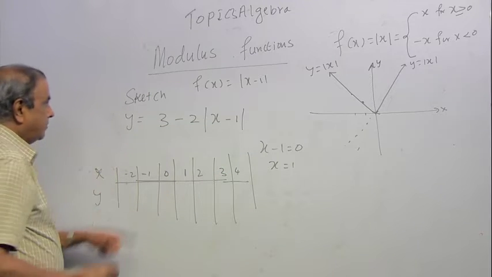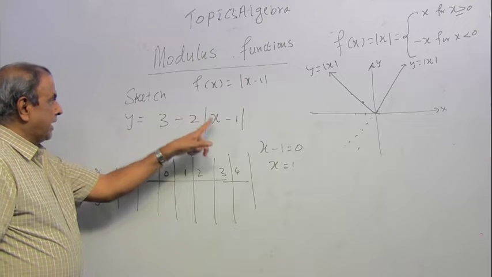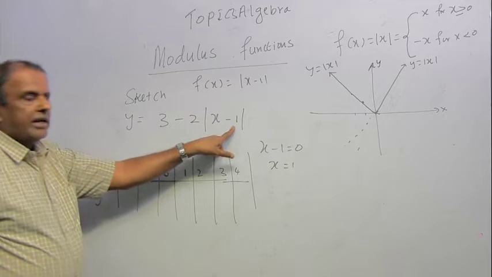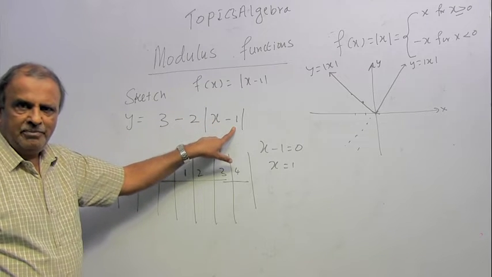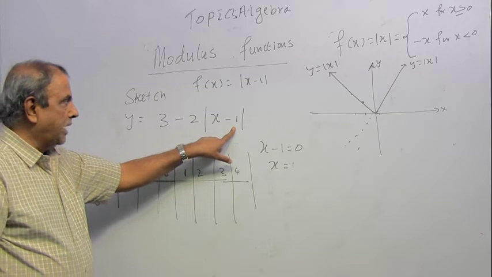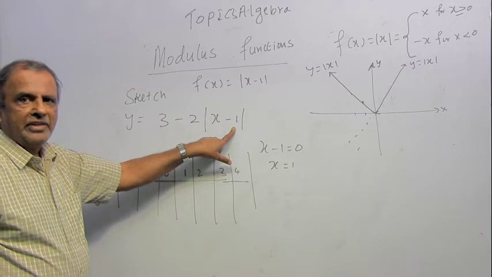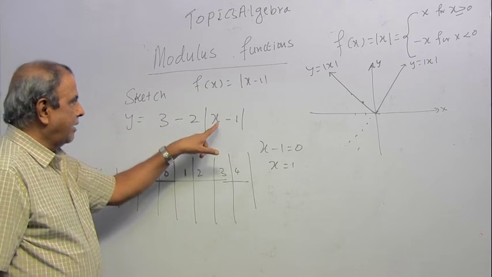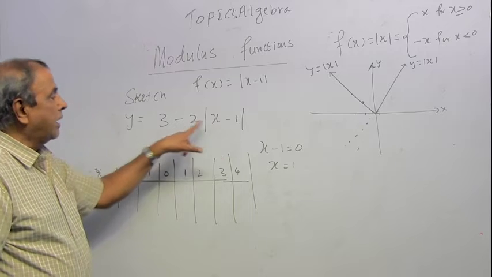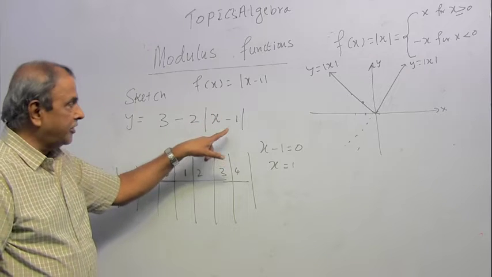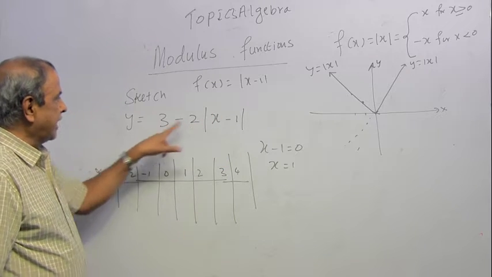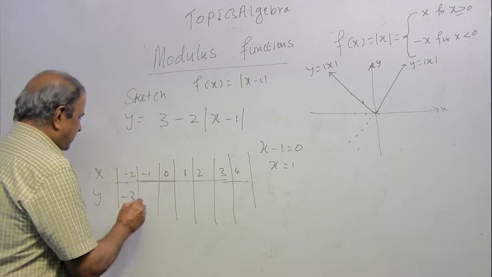Let's find y. When x is minus 2, minus 2 minus 1 is minus 3. Modulus of minus 3 becomes 3, and 3 times 2 is 6. 3 minus 6 is minus 3.